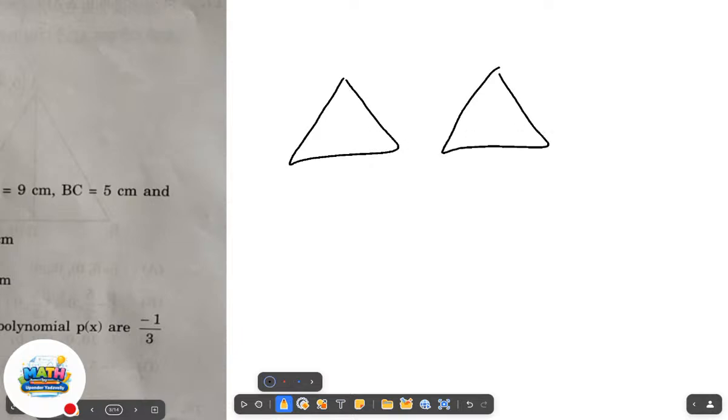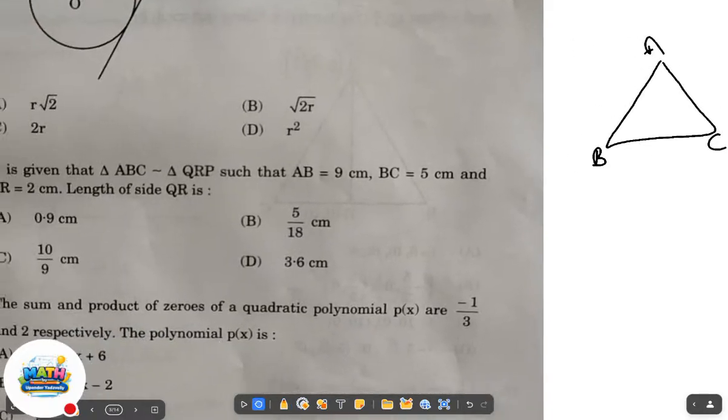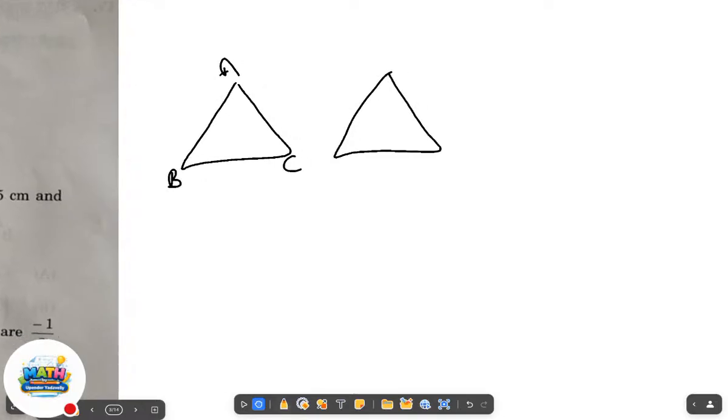There are two triangles. Triangle ABC. And what is the second triangle? QRP, right?